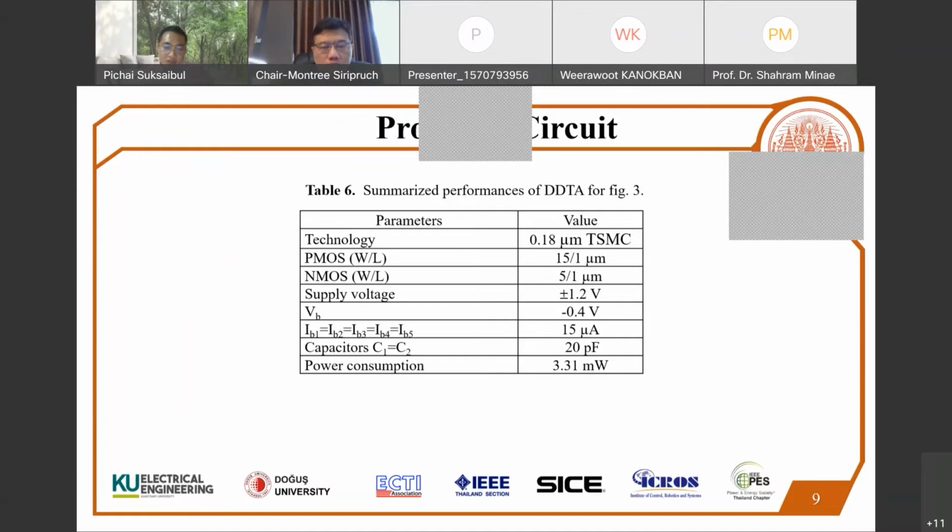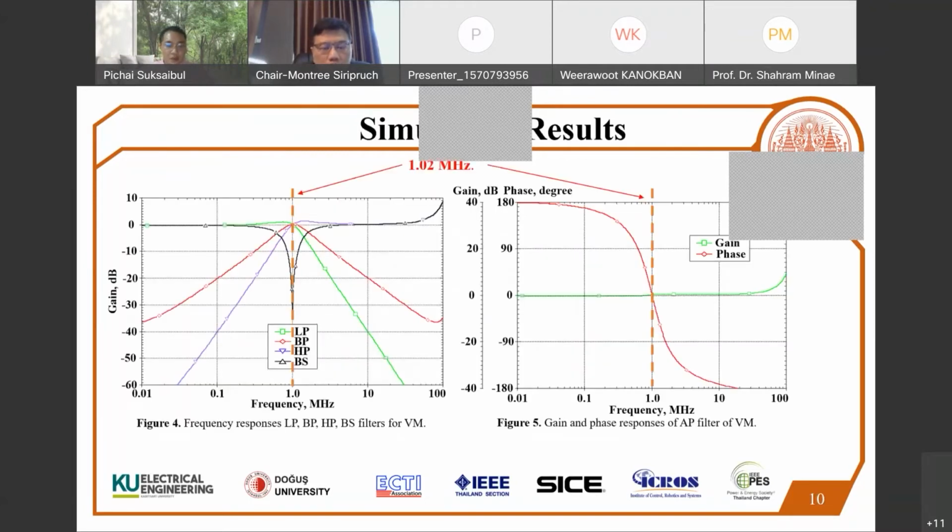The bias currents IB1 to IB5 equal 15 microamps. Capacitors 1 and 2 equal 20 picofarads. From these details, the power consumption is 3.31 milliwatts. On the next page I will show the results of the circuit.